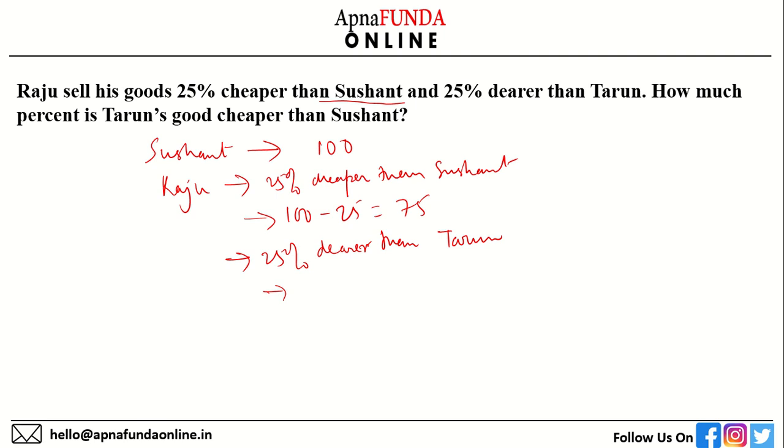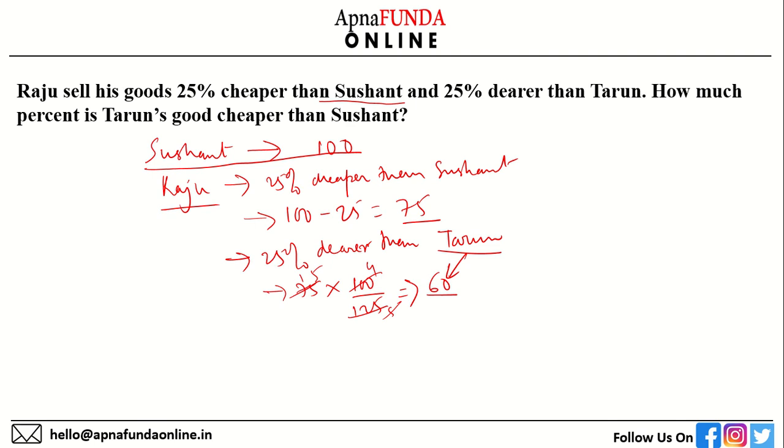So 75 into 100 divided by 125, this will be equal to 60. This is the price for Tarun. So you have Sushant as 100, Raju as 75, and Tarun as 60.